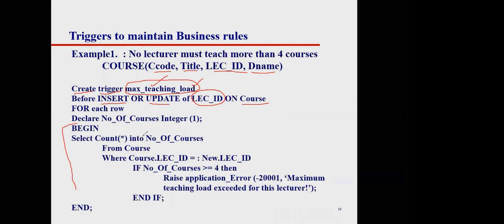If a 5th course is inserted, this message will come: stop, please stop. FROM course WHERE course.lecturer ID is equal to :NEW lecturer ID. If the number of courses is equal to or more than 4, then you have to flag an error.